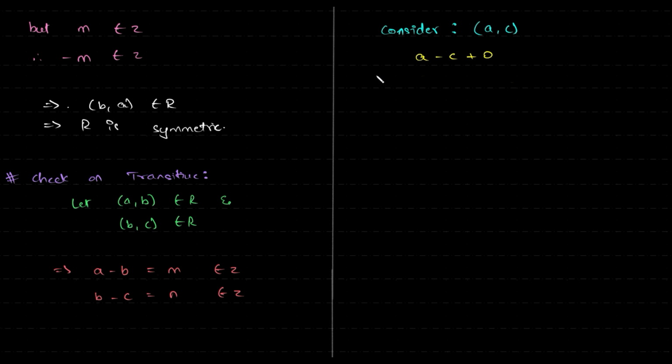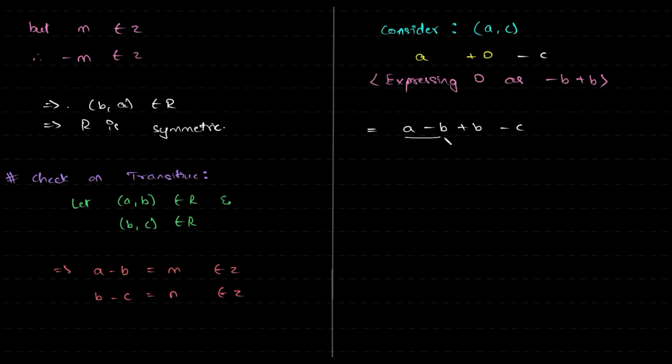Expressing 0 as b minus b or minus b plus b. Can I do that? So basically a minus b plus b minus c. All I did was, whatever was over here, I put 0 in the middle, and in place of 0 I am writing minus b plus b.